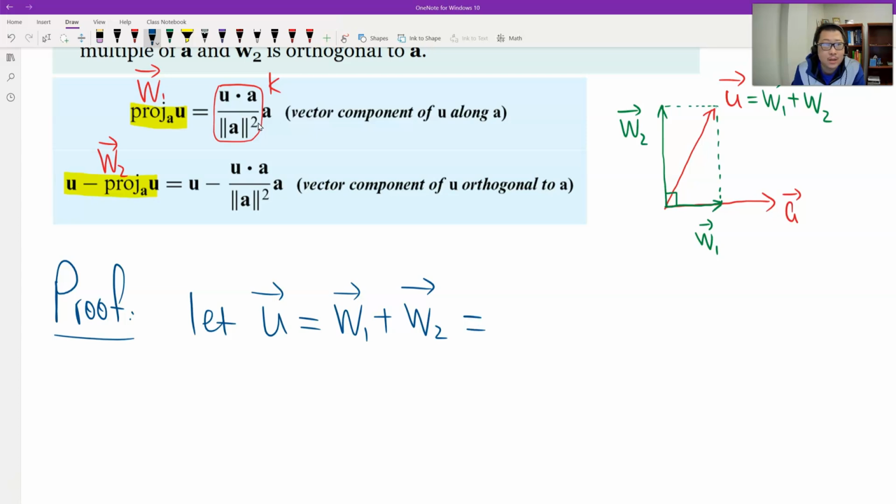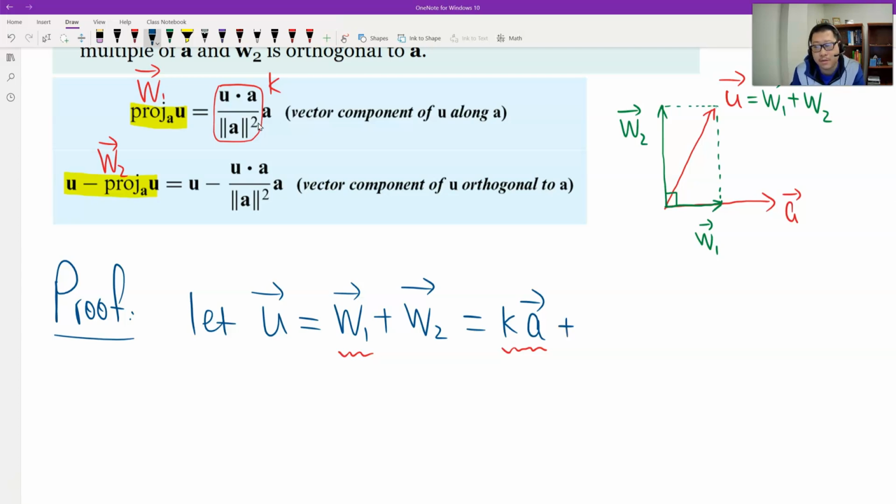So w1, the projection, I can set up as a constant number k times a. I don't know what k is, and I also don't know whether k is unique. But if we find out k is unique, then the decomposition should be unique.